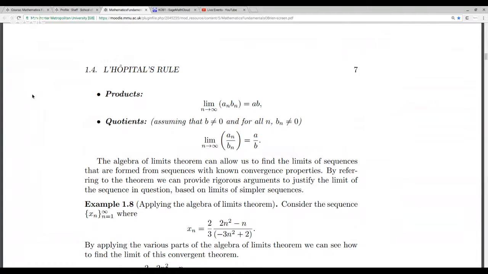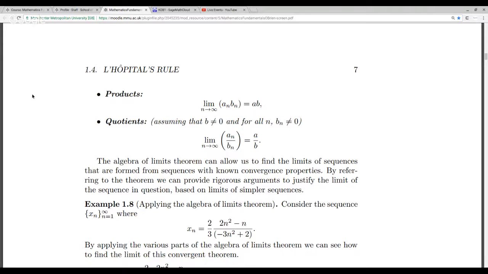And a similar result for taking quotients. Okay? So forming a new sequence by taking the quotient of corresponding terms. Okay, you need some extra conditions, you need to be avoiding zero, both in all the sequence terms there and in the limit b of the sequence that you're putting in the denominator.